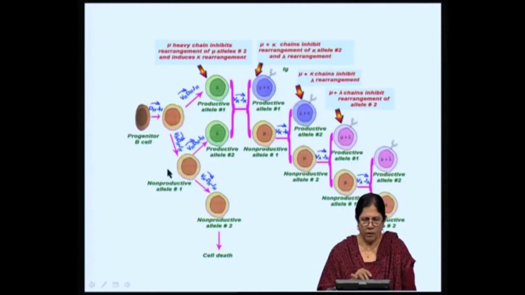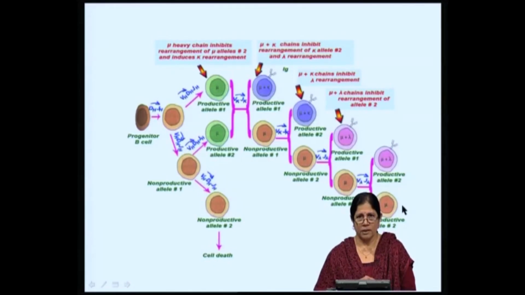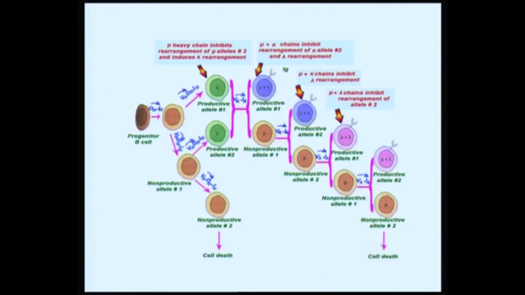But remember, all along it is a very coordinated process. At no point of time does recombination of the heavy and the light chain occur simultaneously, nor do kappa and lambda happen simultaneously. This ensures that only one of the alleles of the heavy chain and any one of the light chains, kappa or lambda, recombine, and now you have an immunoglobulin molecule on the B cell surface which has the capacity to recognize only one type of antigen or epitope.